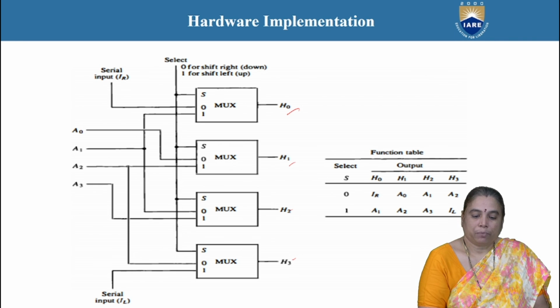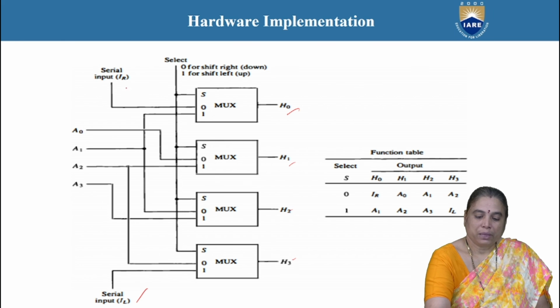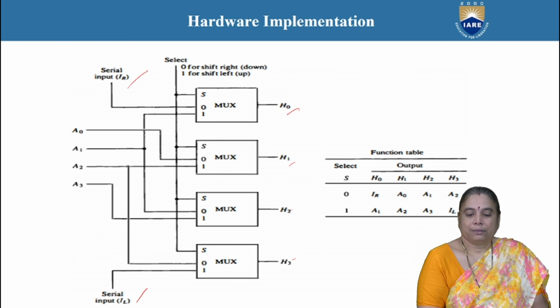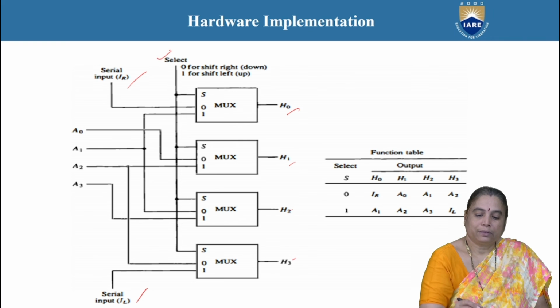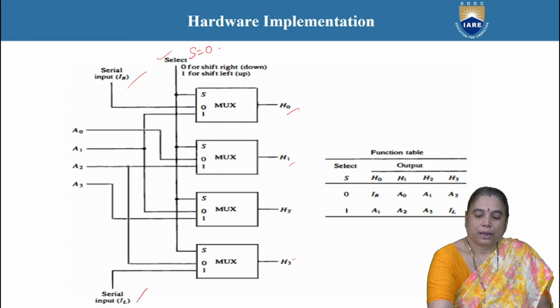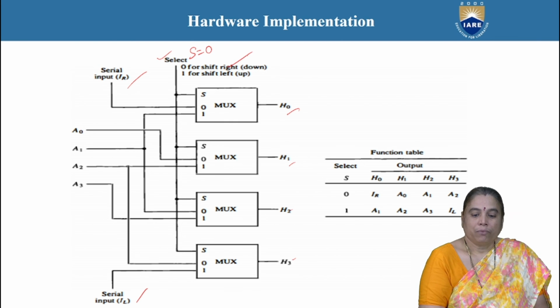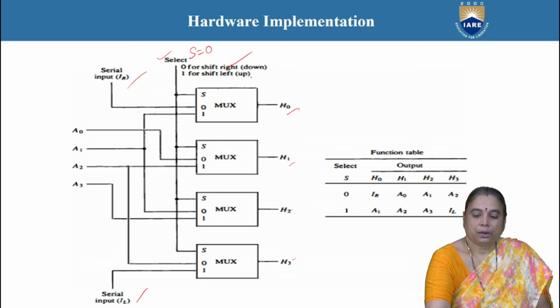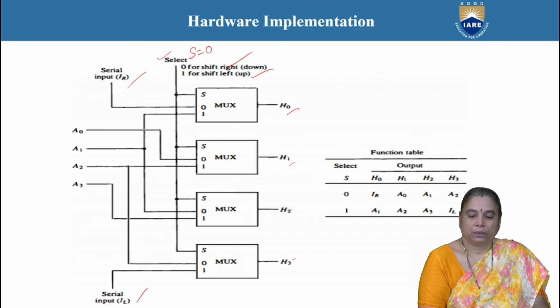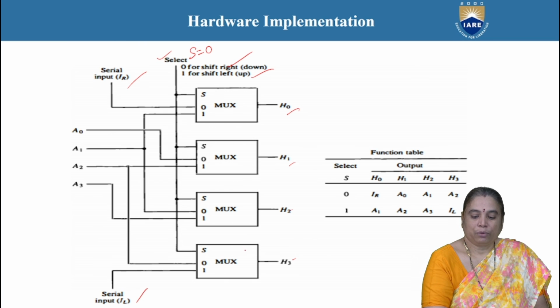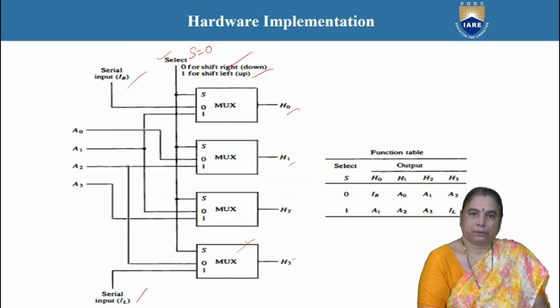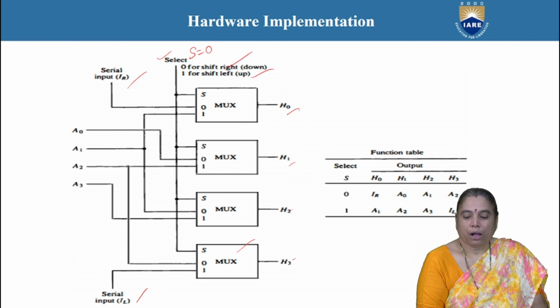The right shift operation and left shift operation can be represented with this, and these two operations have to be selected, so one control line is required, the select line S. When the select line S is 0, the right shift operation is performed. When S is 1, the left shift operation is performed. The selection of input is taken care of by the multiplexer. So this is the circuitry required to perform the shift micro operations.